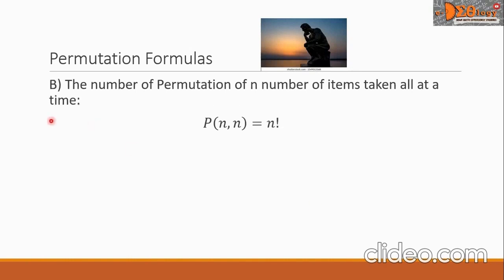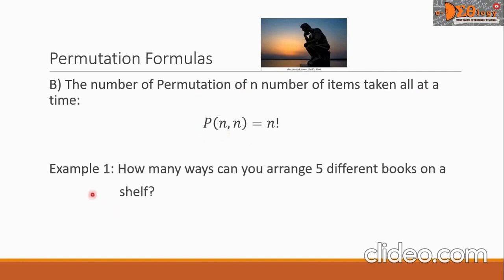Letter B, formula of permutation. It says the number of permutations of n items taken all at a time is P of n equals n factorial. For example, how many ways can you arrange 5 different books on a shelf?